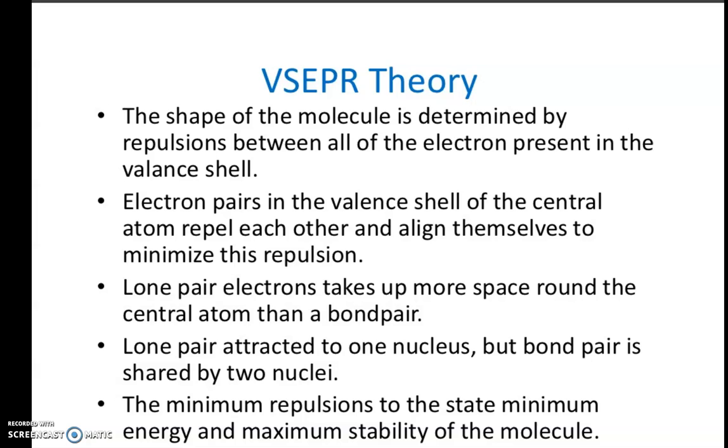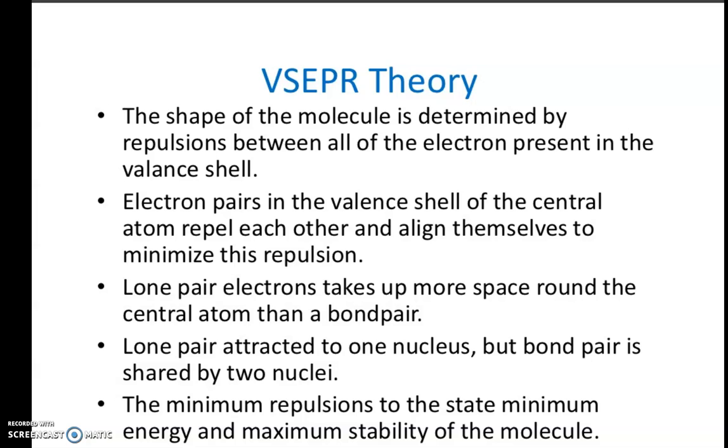Second, electron pairs in the valence shell of the central atom repel each other and align themselves to minimize this repulsion. For example, in your class, if two people sitting on a bench are fighting each other, what will the teacher do? The teacher makes one student sit in another place.